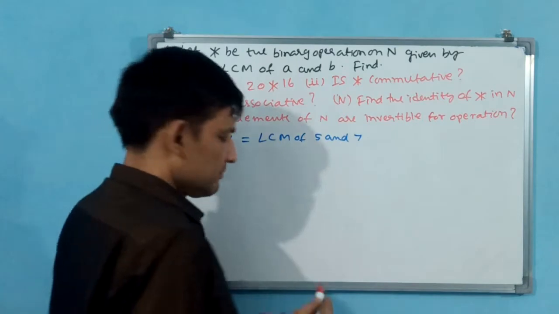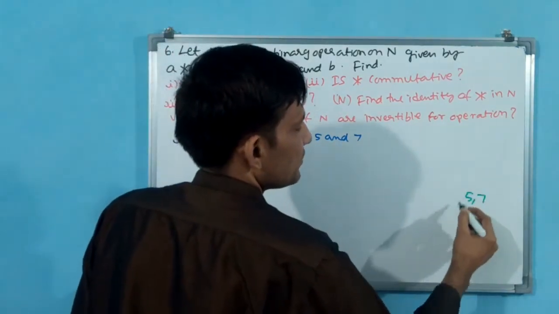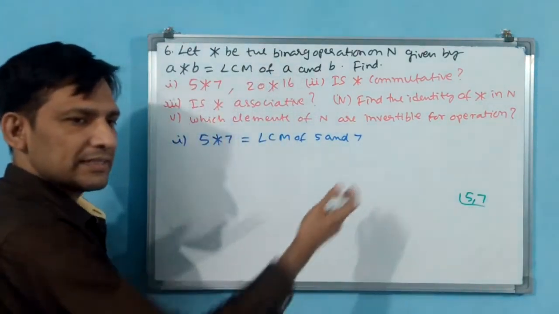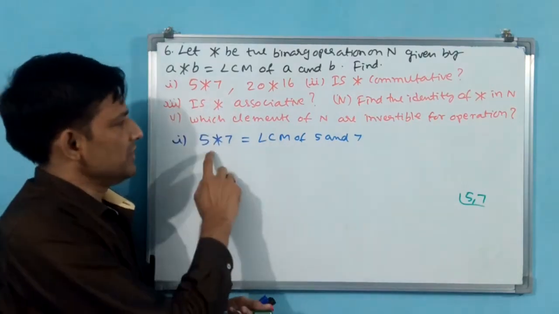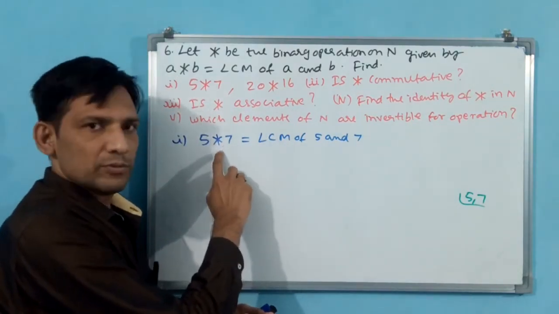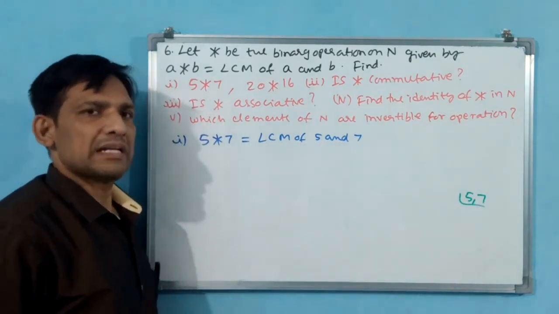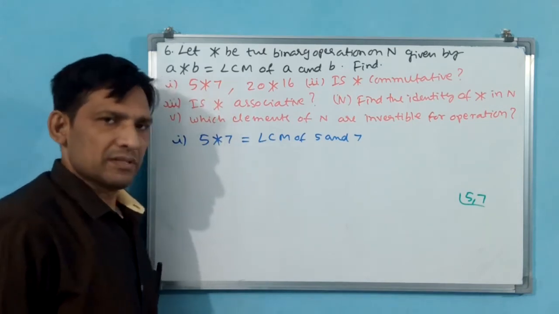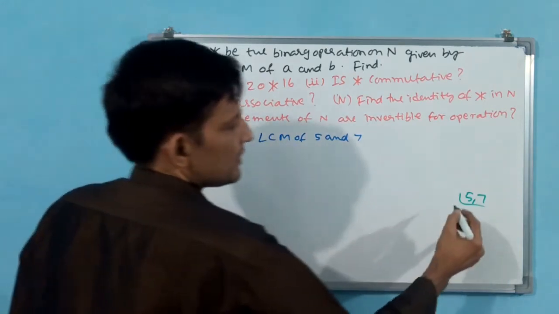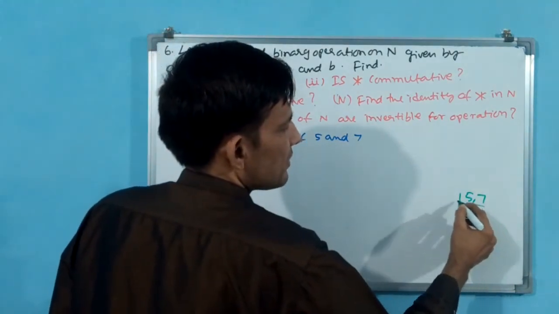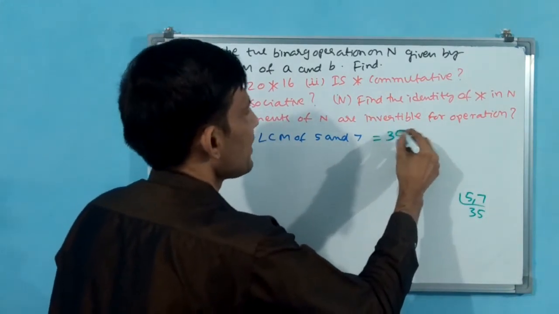What will be the LCM? 5, 7. Both are prime numbers, further you do not do. 7 into 5, 35 will be the LCM. That means you write that is equal to 35.